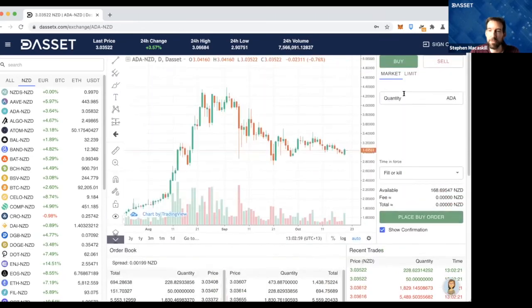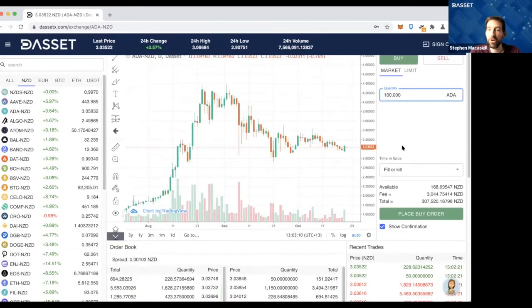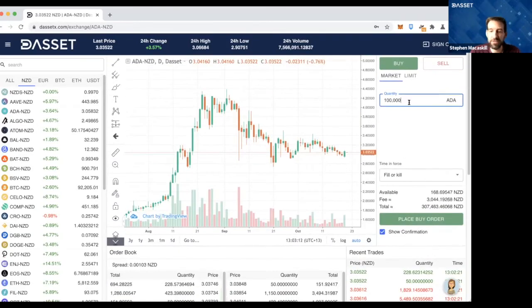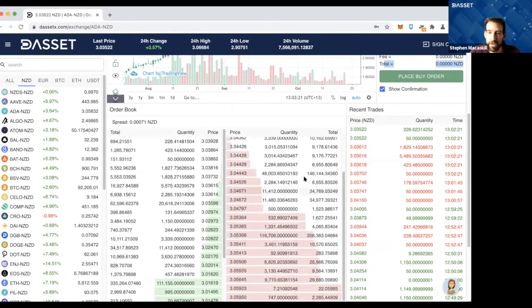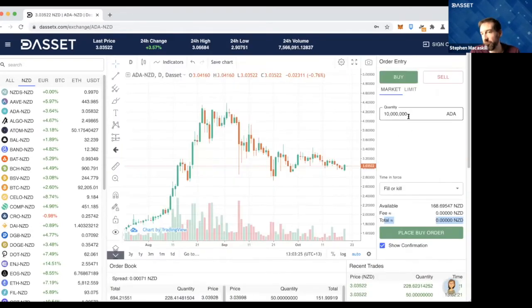Let's say I want to buy 100,000 units, which is about 300,000 New Zealand dollars. There's definitely this amount in the order book, so this would fill. But let's say I wanted to buy $10 million of Cardano. It doesn't even show a total because it would buy up most of the known order book. So this order would never fill. I mean, it would submit, but it would never be fulfilled. So the whole order would be canceled.